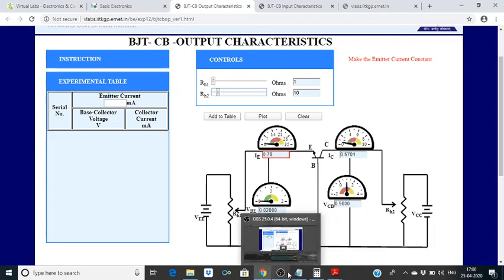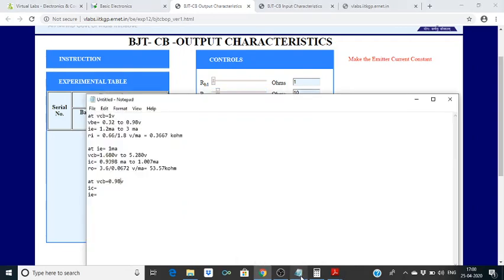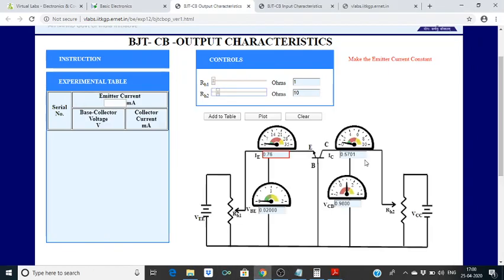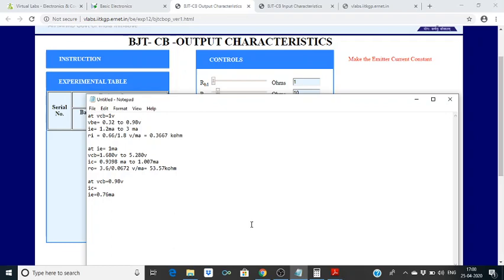At this point we can see that IE is 0.76 milliampere, and IC is 0.5701 milliampere.